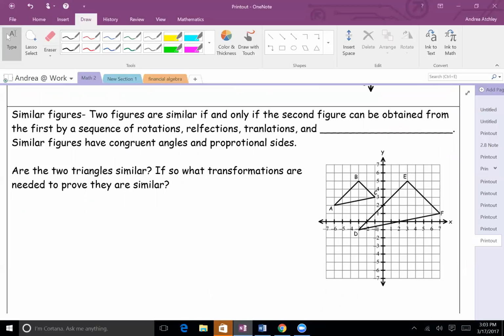This is how they do it, through similar figures, through the proportions that we do. So two figures are similar if and only if the second figure can be obtained from the first by a sequence of rotations, reflections, translations, and now what we are currently talking about, which is dilation.